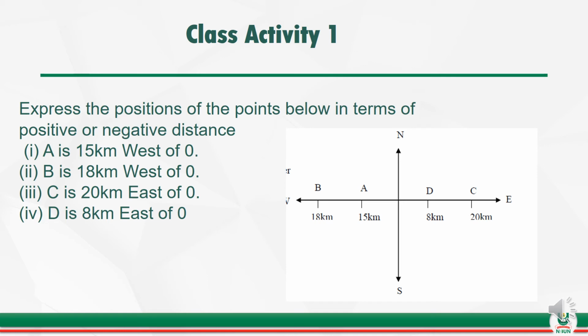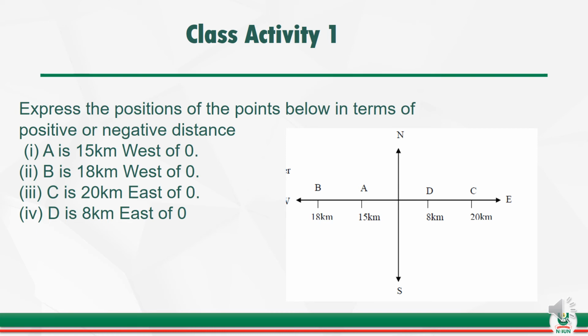So from there to the north side, that will be positive. And from the 0 point down to the southern side, that is negative. And then likewise the west side is negative, and the east side is positive.